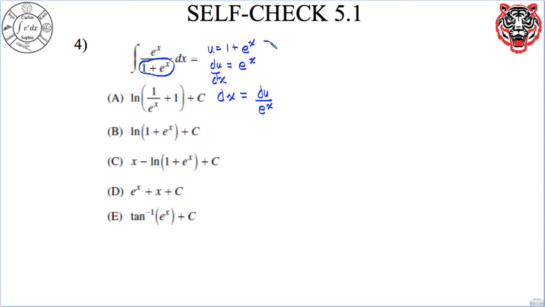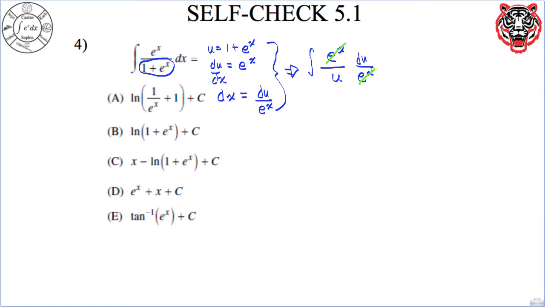All three of these things imply that my integral is now the integral of e to the power of x, all divided by u, and then dx is now du over e to the x. You can see here that e to the x is going to cancel each other out, and you're really left with, oh, I kind of messed up in my steps here.